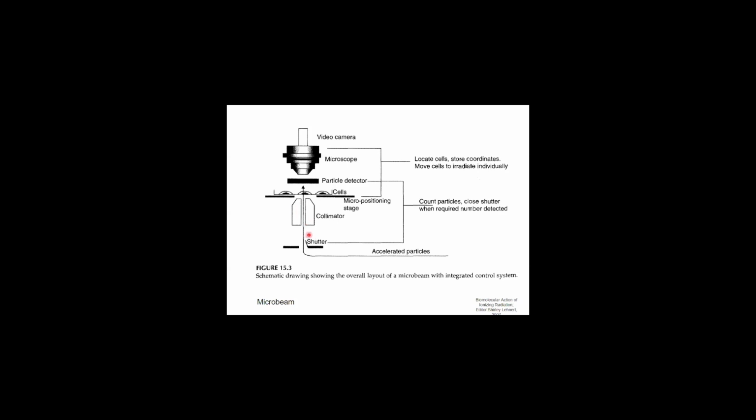But here we go. This microbeam puts a particle beam or an X-ray beam through a cell. It does this by having a collimator that's so fine that you can hit either the nucleus plus the cytoplasm or the cytoplasm only. If both are hit, it takes only one hit to kill the cell.